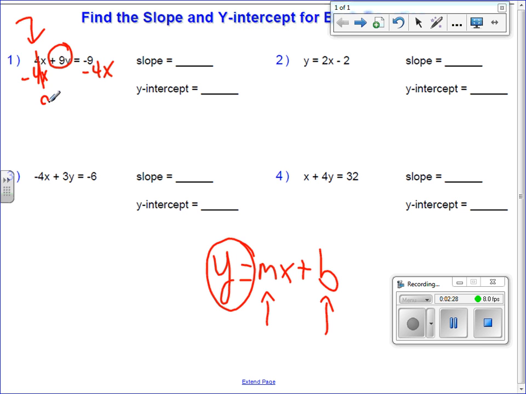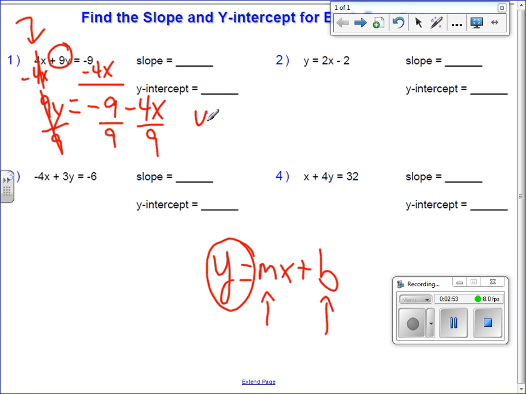That will leave us with 9y equals negative 9 minus 4x. Well, those aren't like terms, so nothing I can do but write them next to each other. Negative 9 minus 4x. Now, the y is almost by itself. All that's bothering it is that 9. So we're going to divide every part of this equation, each term, by 9.